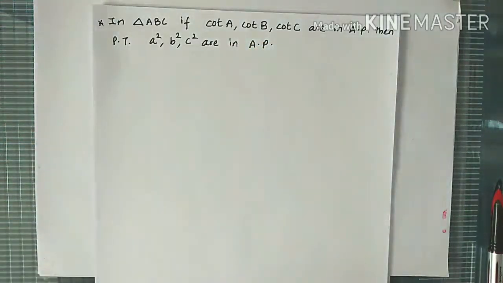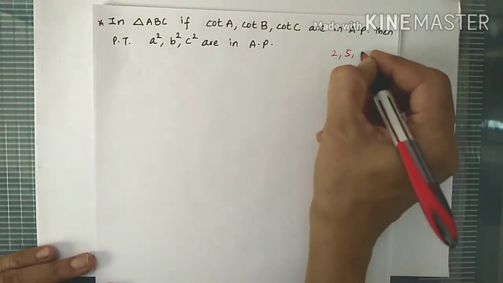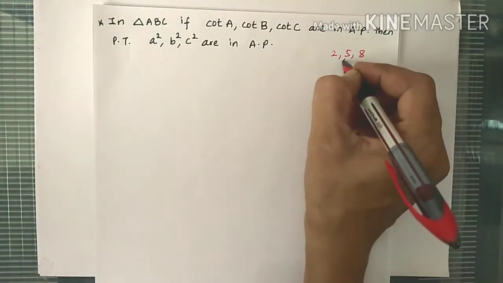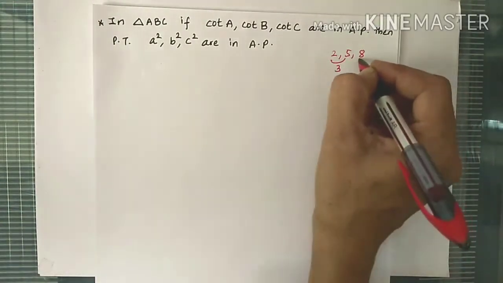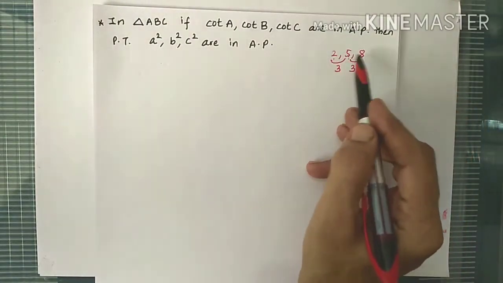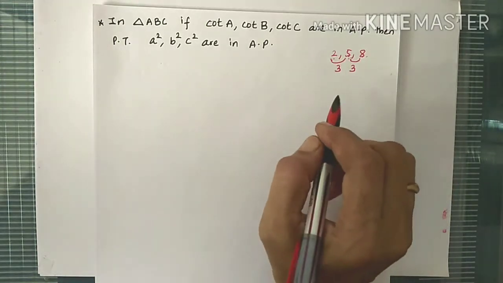Okay, first of all, let's see what is AP. So AP is like 2, 5, 8. So these are 3 terms in AP. How? 5 minus 2 is 3, 8 minus 5 is also 3. So if the difference of 2 consecutive terms is the same everywhere, then we say that those terms are in AP.